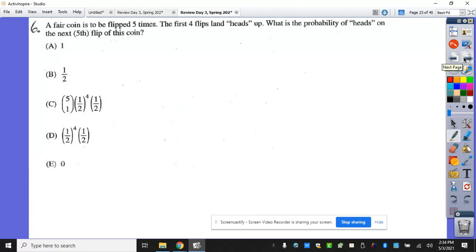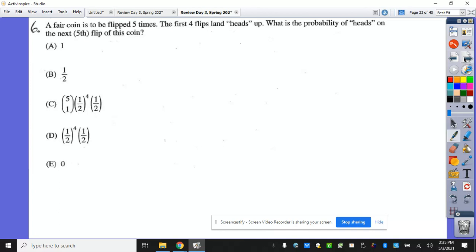Number 6. I'm going to answer this question by not answering the question at all. I'm going to talk about the answer choices. We're talking about a coin flip, and there are 5 of them.